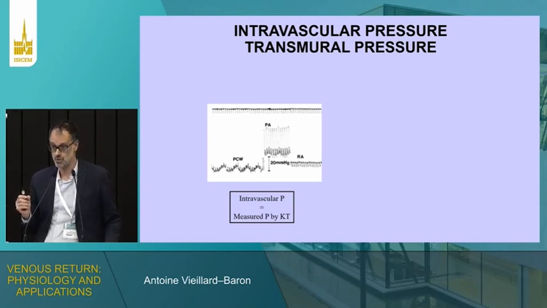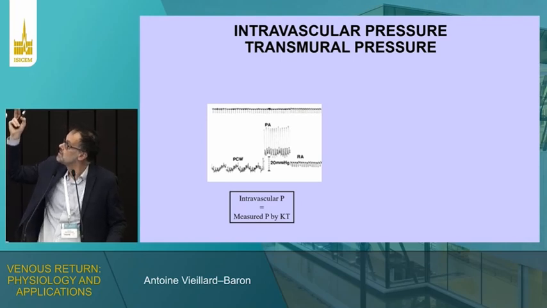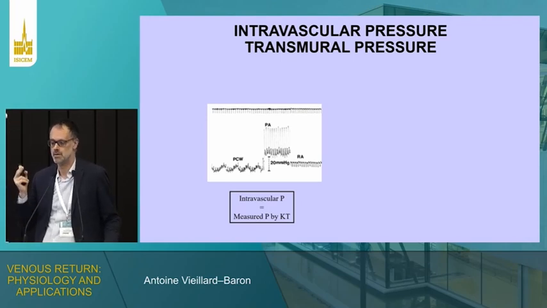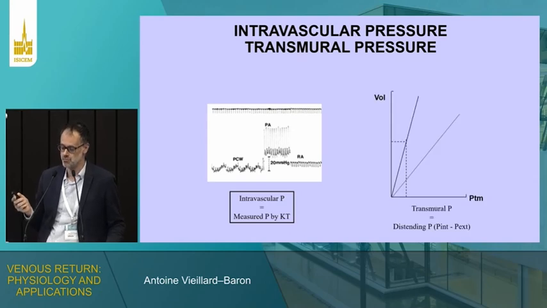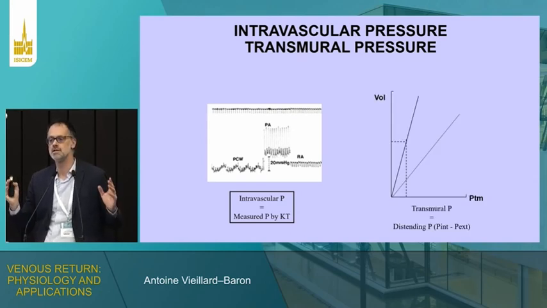I just want to re-emphasize, or to insist on, the difference between two different right atrial pressures or CVP. The first one could be the intravascular pressure. So this is the pressure you measure here on the monitor relative to the atmospheric pressure. So the number on the monitor is the intravascular pressure. But you have another pressure which is really key, which is the distending pressure, the transmural pressure.